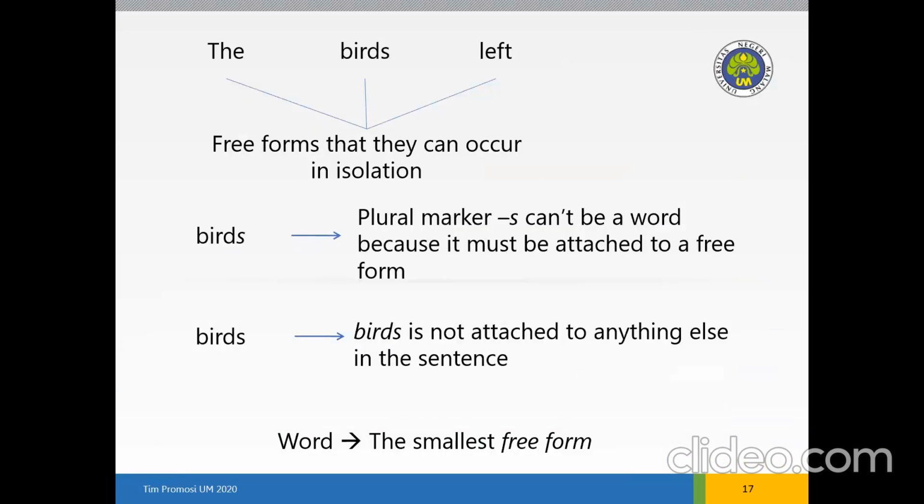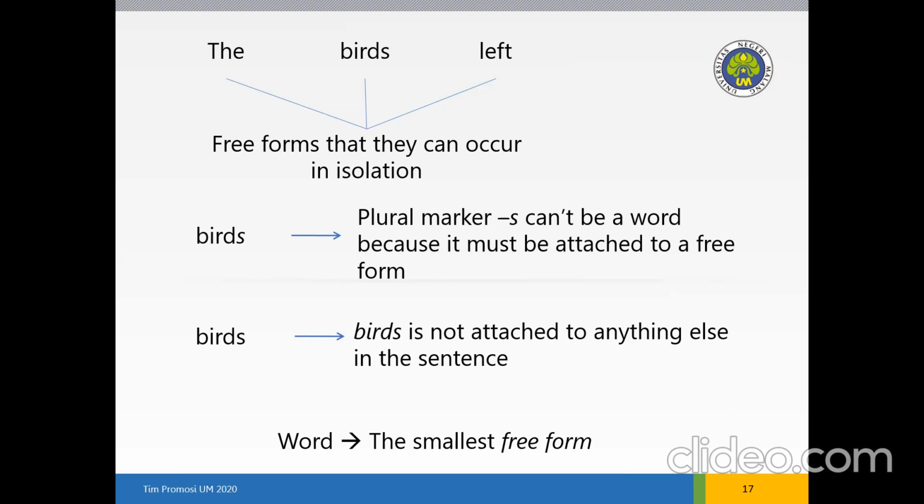The birds laugh, and then in the word birds, we have the plural marker s. So it cannot be a word actually, I mean the s. The plural marker s cannot be a word because it must be attached to a free form. So the free form here is bird.